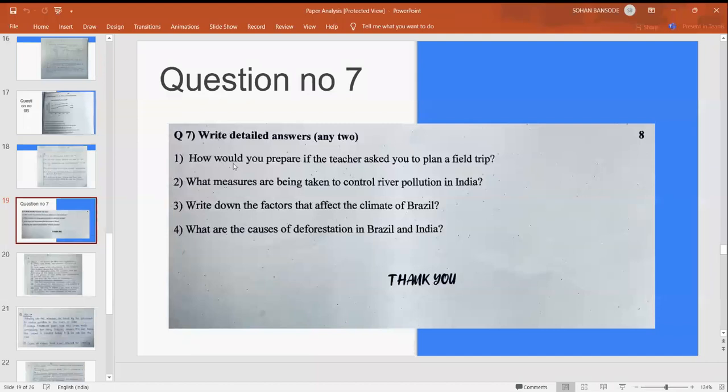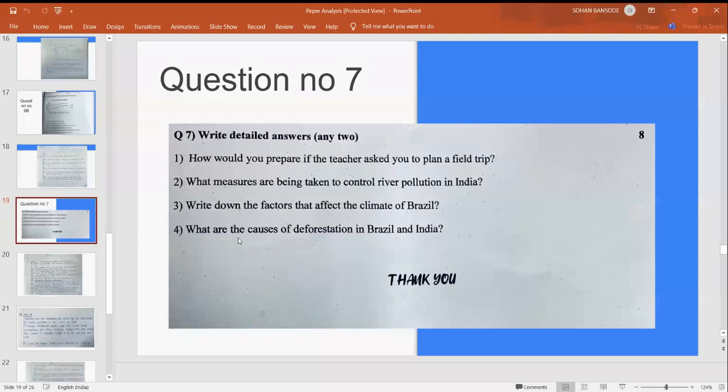Next one is, what measures are being taken to control river pollution in India? Third one is, write down the factors that affect the climate of Brazil. Fourth one is, what are the causes of deforestation in Brazil and India?